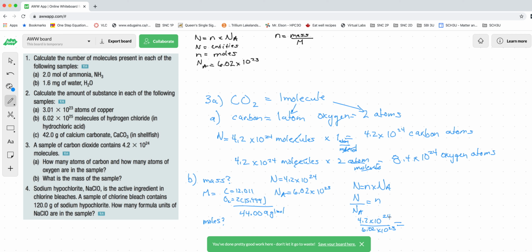And remember, these are in molecules per mole, and then we know there's molecules in 1 mole, so that becomes 6.976.